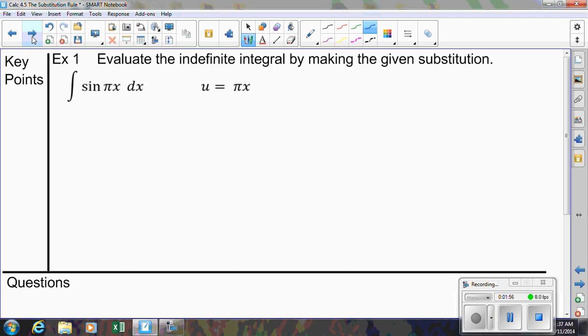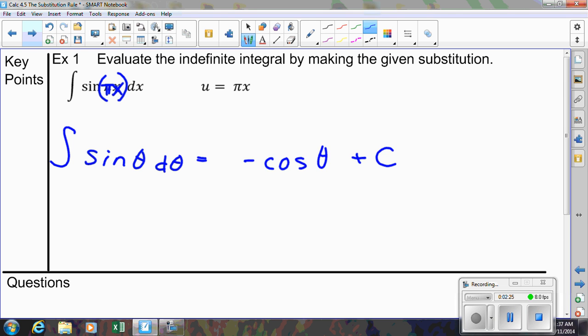Please notice this is sine of pi x, so we have the function pi times x inside our function of sine. Well, we know how to do an integral of just sine of theta d theta. If it were just a plain sine, the antiderivative of sine is negative cosine of theta, plus a constant.